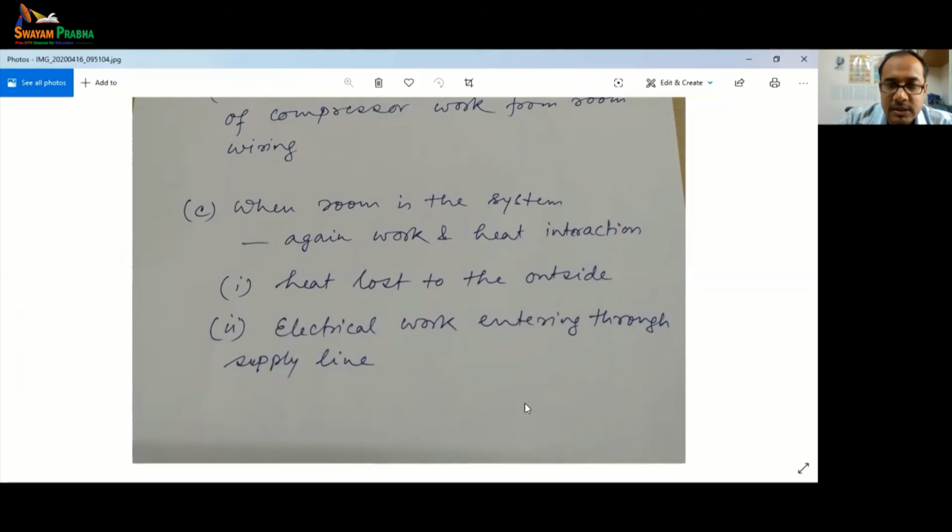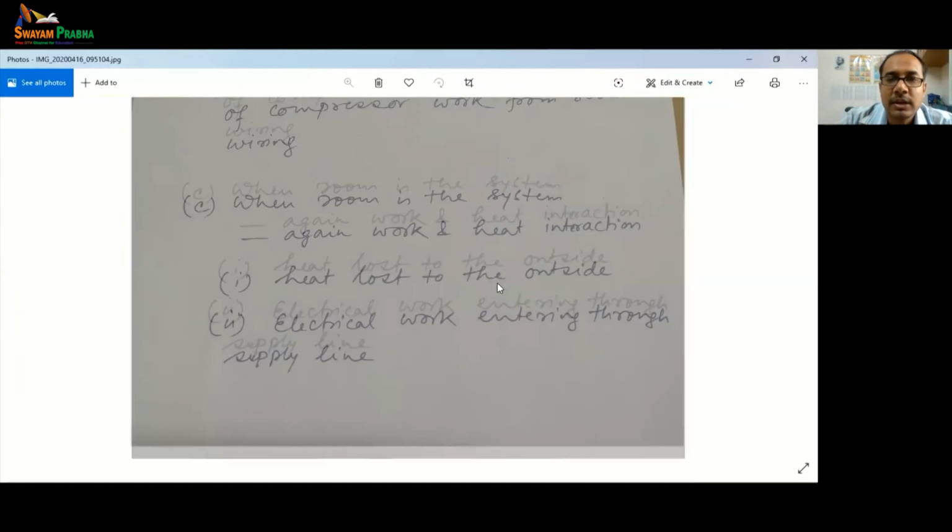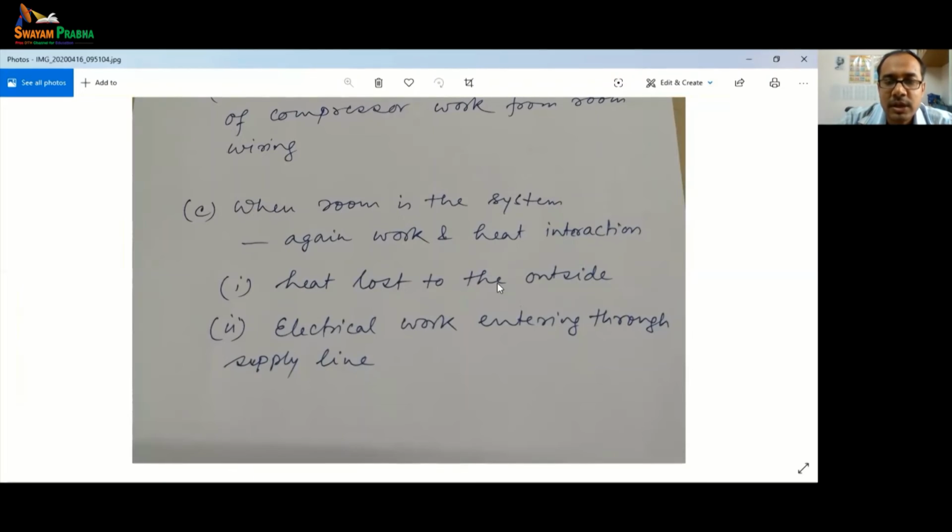That's the heat interaction. And the electrical work, that is coming through the supply line. So the electrical plug that you are plugging your refrigerator to is fed by some supply line which is coming from outside the room, right? So that is the electrical work entry point for the system here.